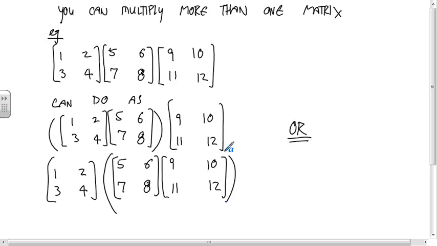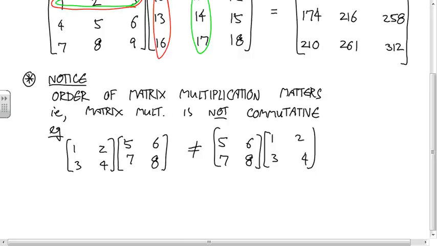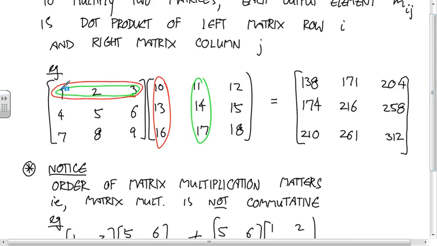Question? Does that mean the number of elements in the first matrix's row must be equal to the second matrix's column for multiplication? Yes, that's exactly right. You can't multiply any two matrices. They have to be compatible in the sense that the number of elements in the row of the left matrix has to be the same as the number of elements in the columns of the second one.